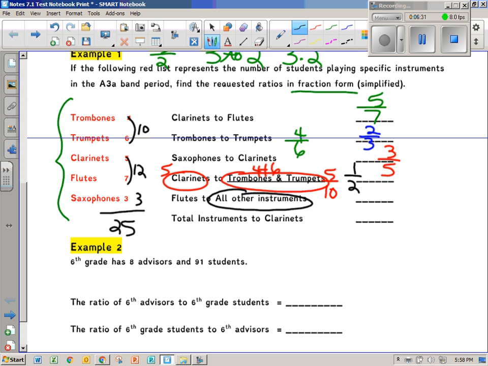So flutes is 7, all other instruments, oh, actually we have to change that. We have to add up all other instruments. So if we leave out the flutes, this is everything altogether. We only want 7 to everything. We have to subtract 7 from that. That'd be 18. So it would be 7 to 18.